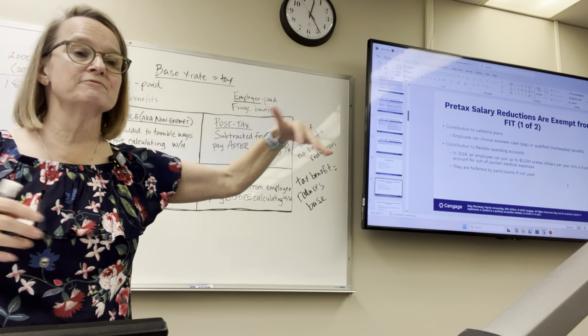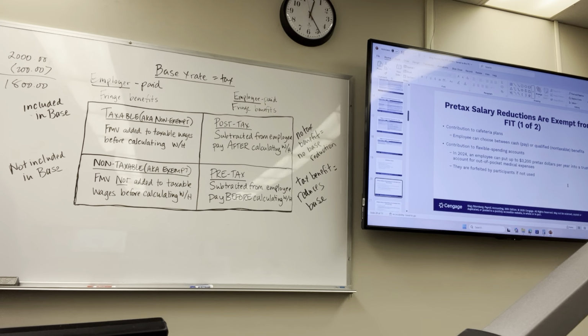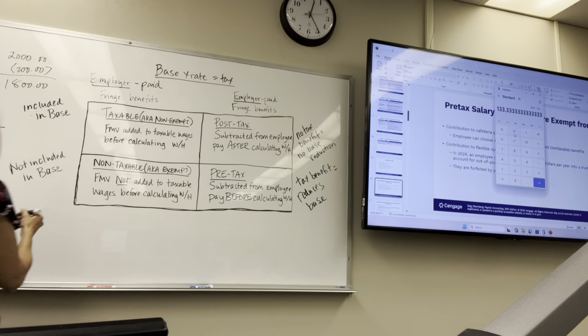So for example, let's say you put in the max of $3,200 and you get paid 24 times a year, so divided by 24, every pay period, what does that come out to? Every pay period, you are diverting $133.33 into your flex account.